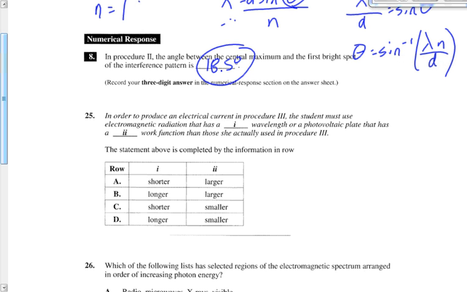So you want to be above the frequency, you want to be below a certain wavelength. And you probably want to have a smaller work function, right? If you zap up the energy of the photon and you amp down the work function of the material, then you're going to maximize the possibility of ejecting an electron, right? So the answer is going to be C for that one.